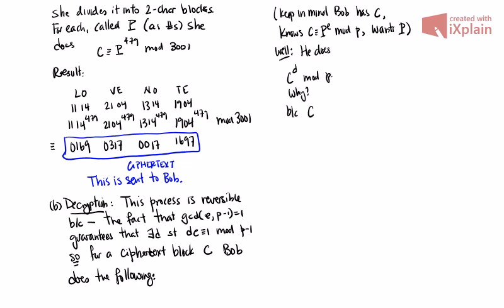When he does C to the D, this is the same as P to the E to the D. Now he doesn't know P, this is just the mathematics, that C is P to the E. This is the same as P to the ED. But ED or DE, it doesn't matter which way around we have it.